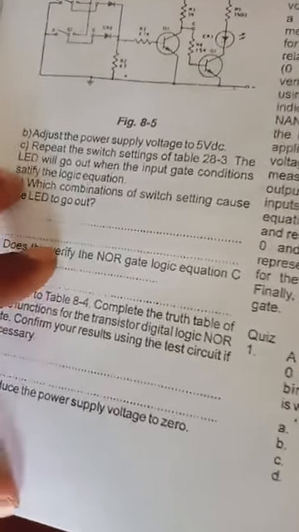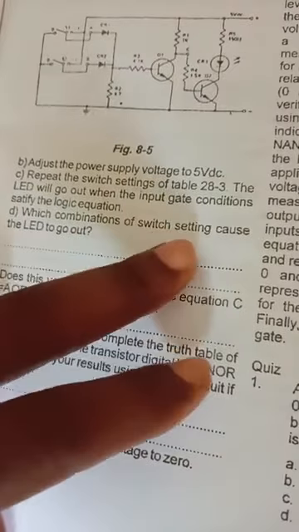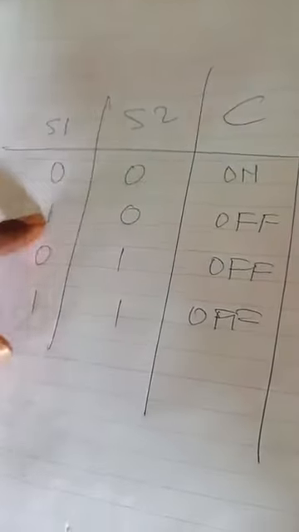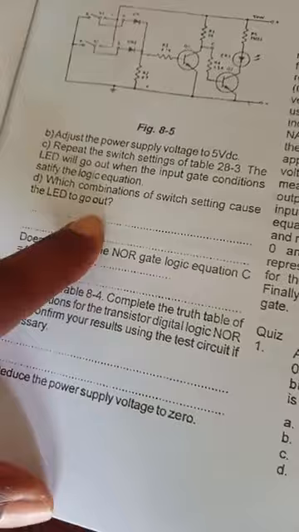So we have done that. Which combination of the switch setting causes the LED to go out? I think we have seen it now. It goes off when we have switch 1 at 1, S2 at 0, or S1 at 0, switch 2 at 1, or when both switches are on. So that's what makes the LED go out.